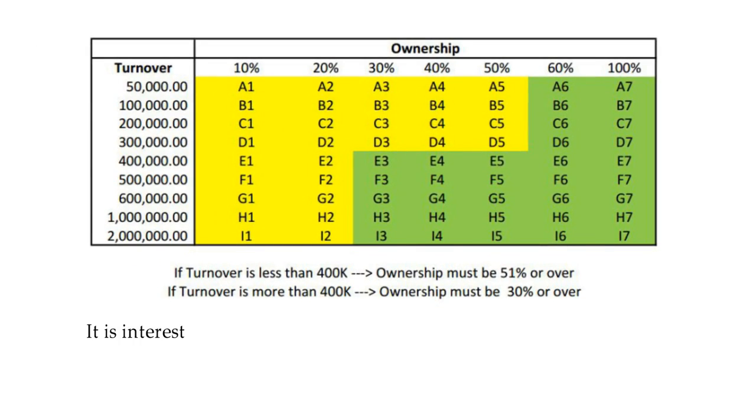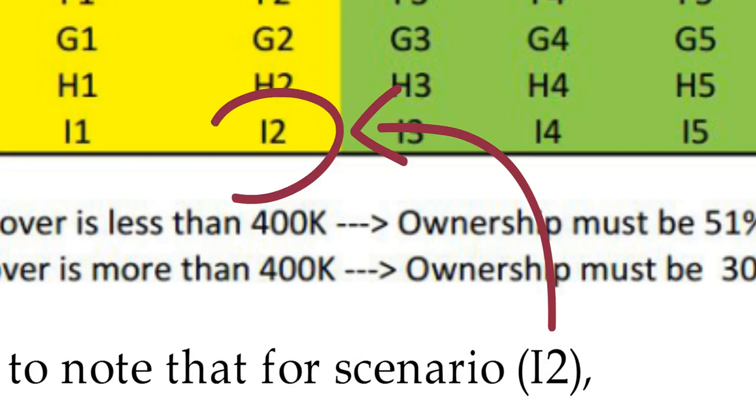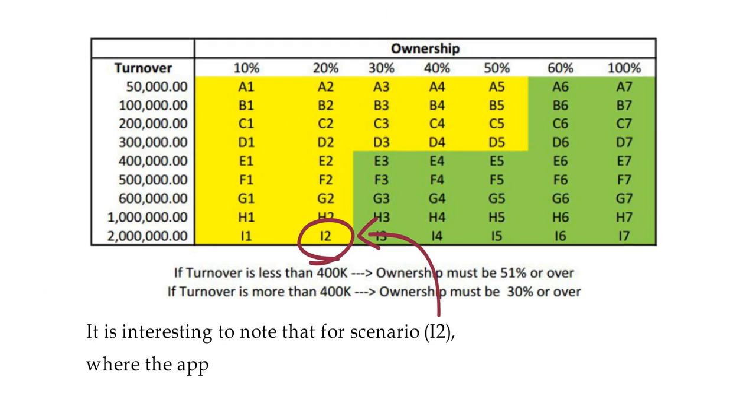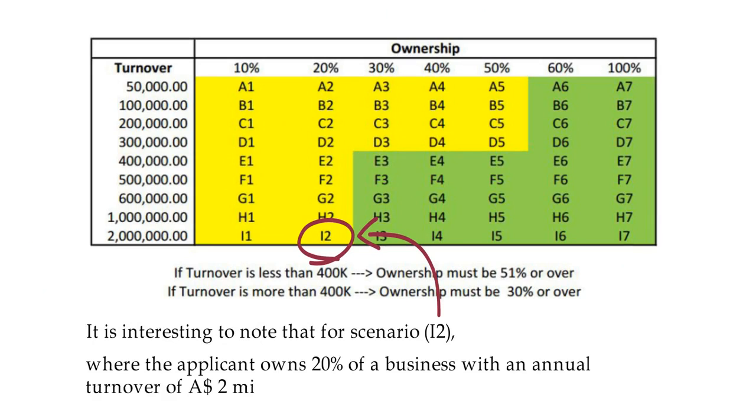It is interesting to note that for scenario I2, where the applicant owns 20% of a business with an annual turnover of Australian $2 million, the business is still not considered qualified.